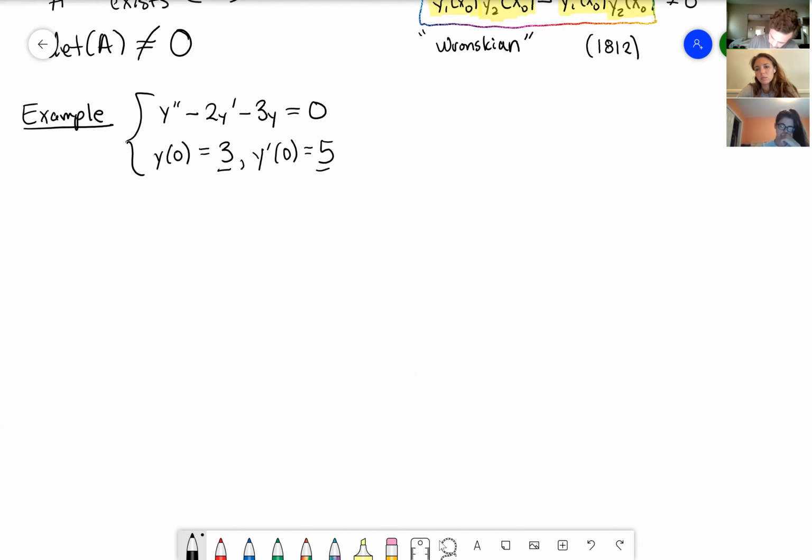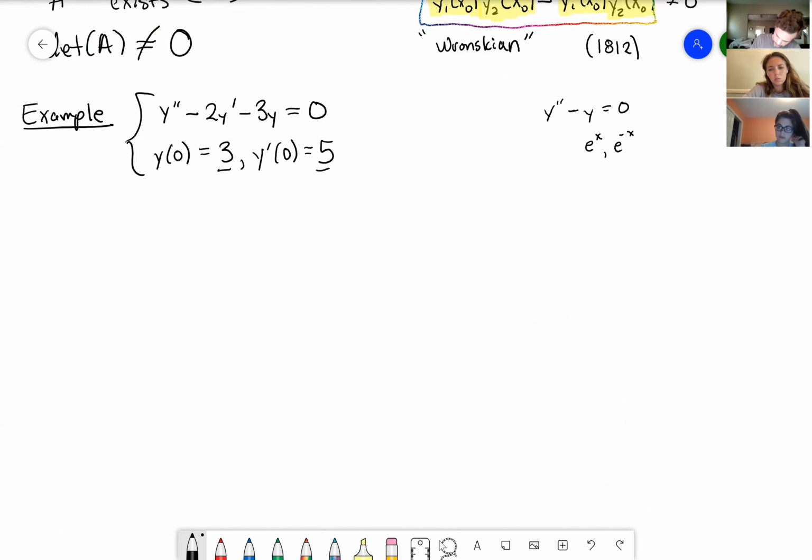If you remember, the general solution that we found for y double prime minus y equals 0 was e to the x and e to the minus x and all of the linear combinations of the two. Okay, so it was e to the power of some number multiplied by x.